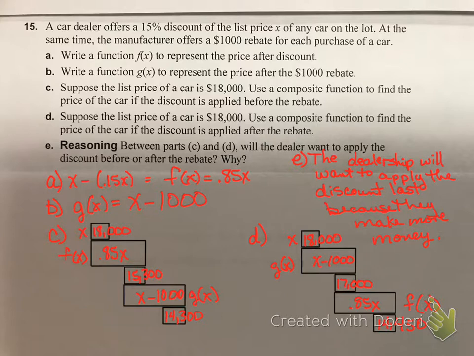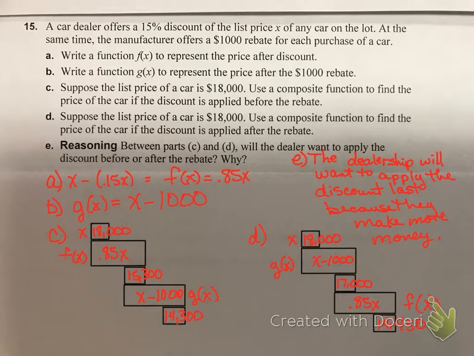I think I said that wrong a while ago. $14,300 was C, $14,450 was D. E asked, which one will the dealer want to apply first? The dealer wants to apply the rebate first because he makes more money. In fact, he made $150 more.